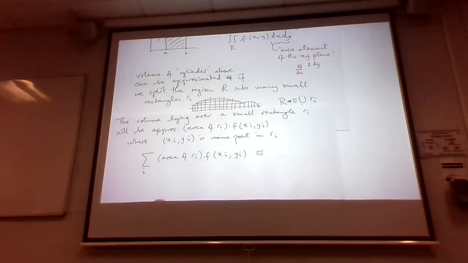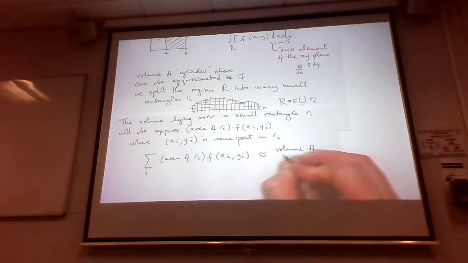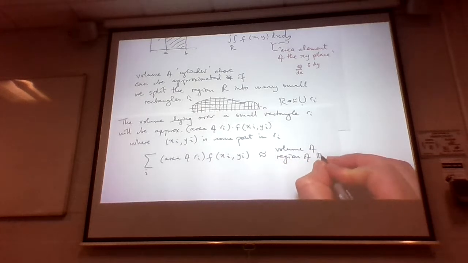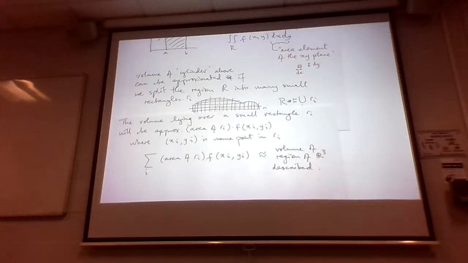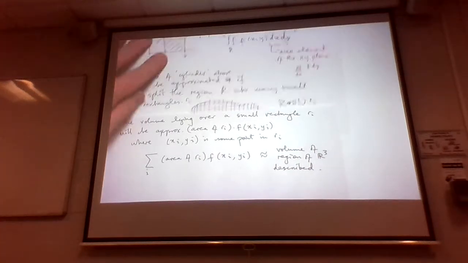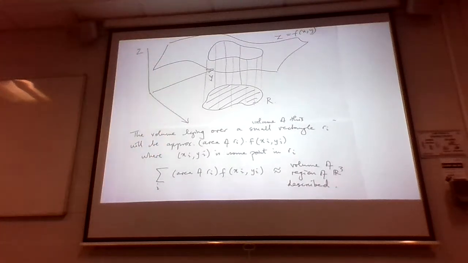So this will be approximately the volume of the region of R3 between the region R in the xy plane on the one hand and the surface on the other hand, on the top part, with straight vertical walls.